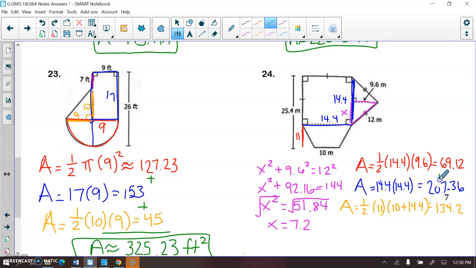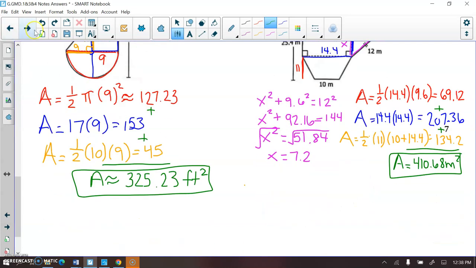Adding all of these together, I get my total area, which comes out to be 410.68 meters squared.